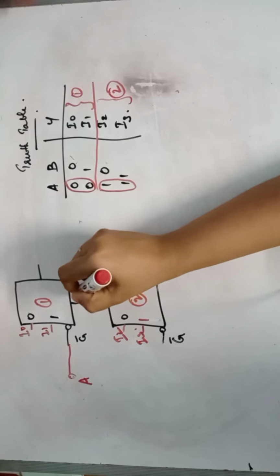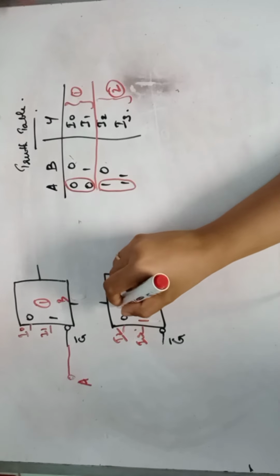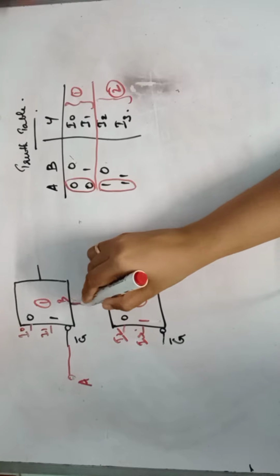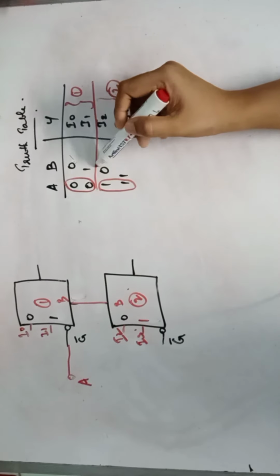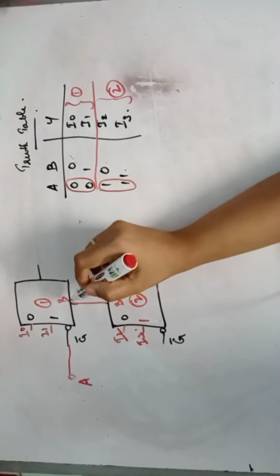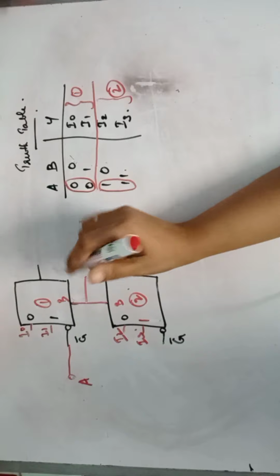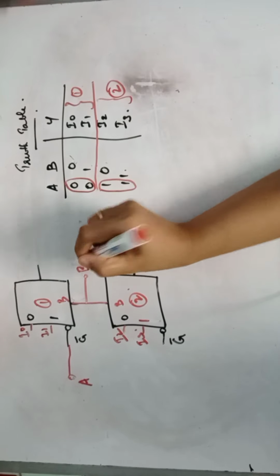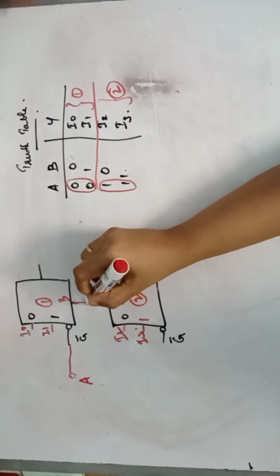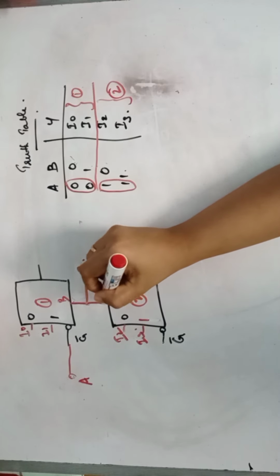So these two are my B. This is my B, this is my B. Okay, because in these two cases, B is either 0 or 1. So B can be the select line in both the cases. This is my B. Okay, I am just shorting the two select lines and I am giving the input as B. Right?